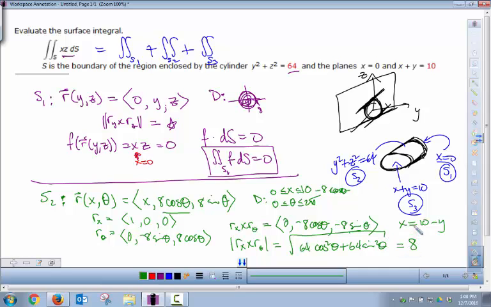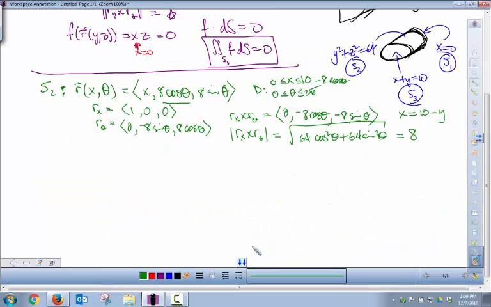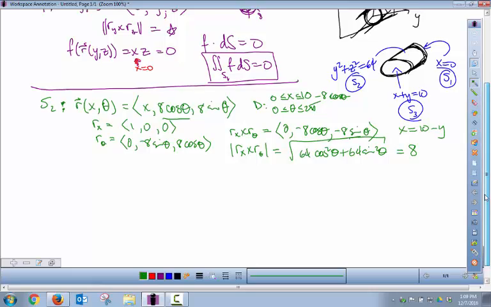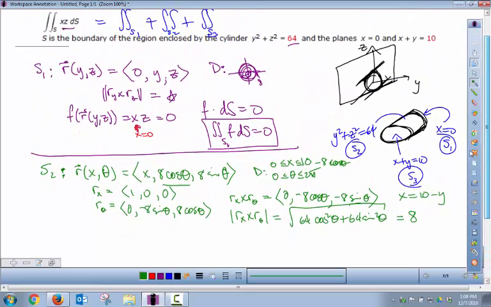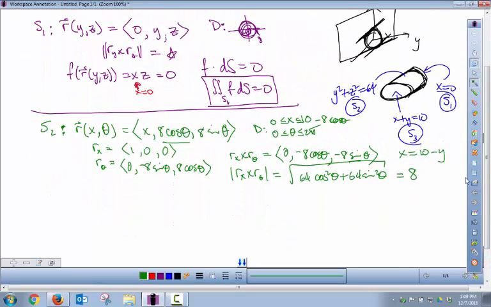You would add the cosine squared and the sine squared after you take out a 64, and then the square root of 64 is 8. All right, so this will be your ds with the x and the theta. And orientation doesn't matter here. We took the magnitude, and because it's a surface integral and not a flux, we don't need to worry about the orientation.